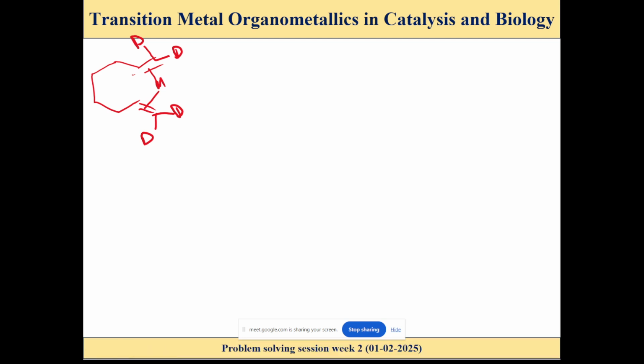Then this is easily converted to the cyclohexene ring, which is generally unreactive, giving the deuterated ethylene.